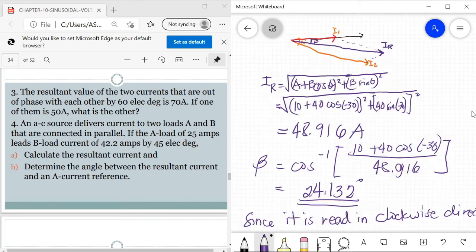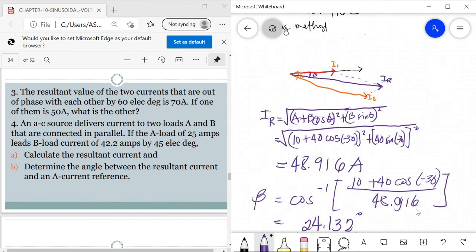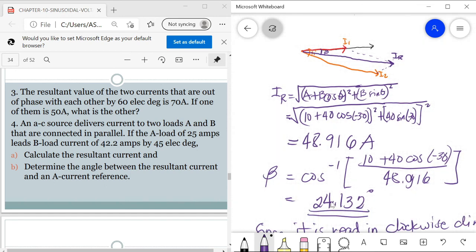Kasi pag positive yung kinonsider mo dito na 24, so nasan yung positive 24? Nandito siya. So wrong na yun kasi ito yung pinag-add mo, I1 and I2. Ito yung positive 24. This is the negative. So dapat negative yung direction dito sa beta.